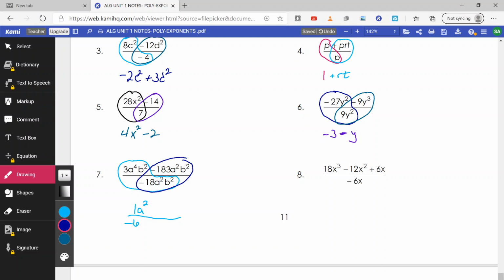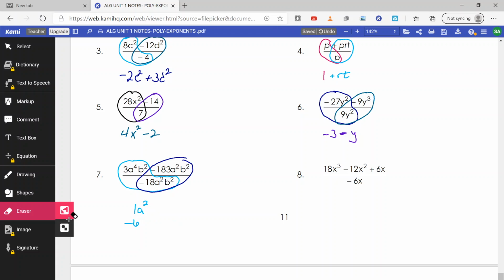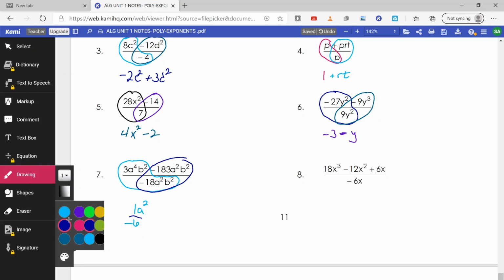So we get negative divided by negative makes positive. And when we reduce it, we get 6 over 1, over 6.